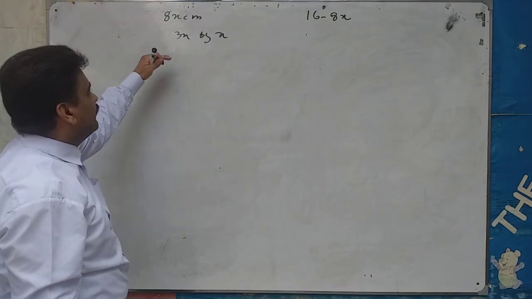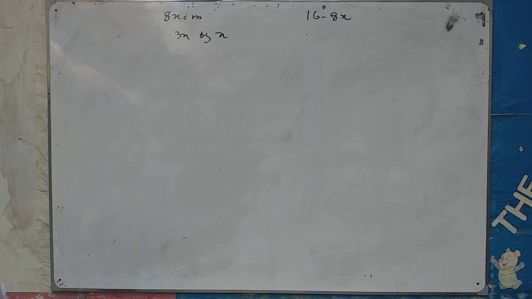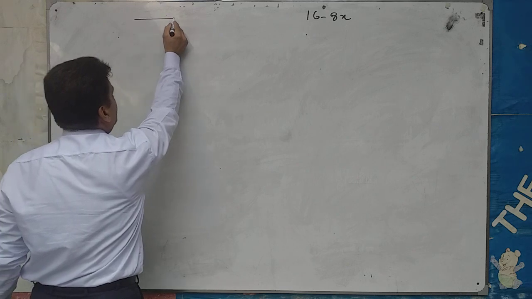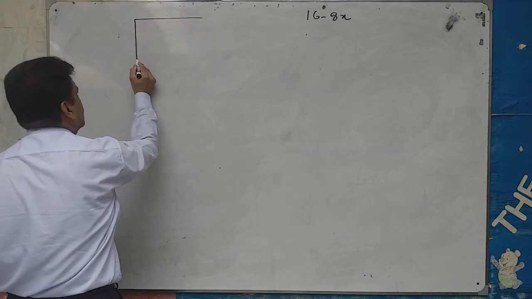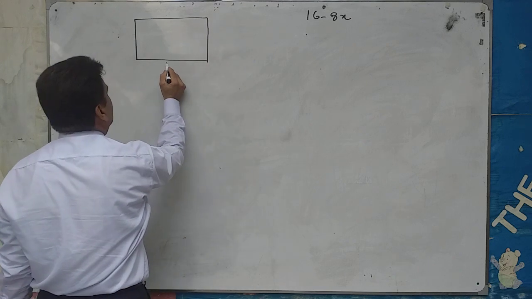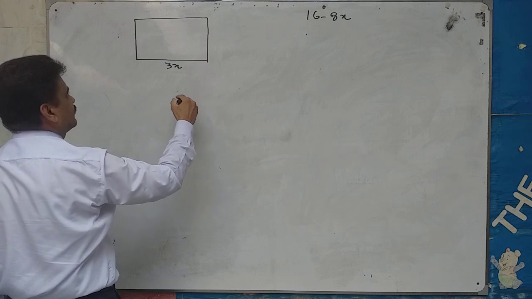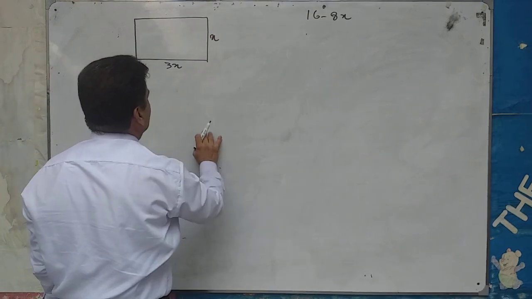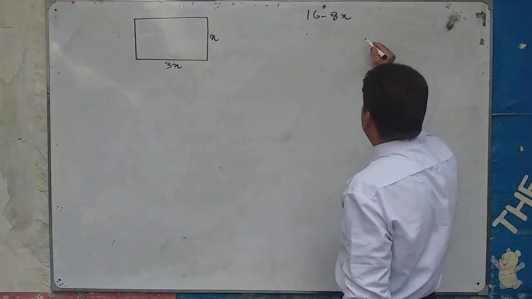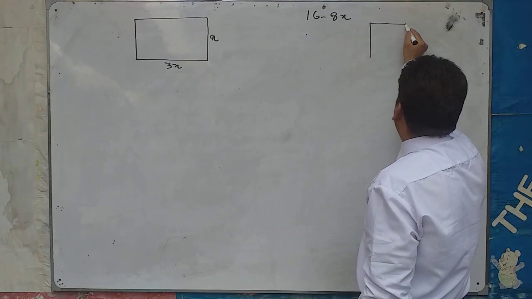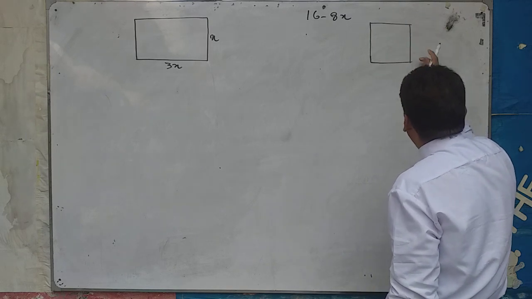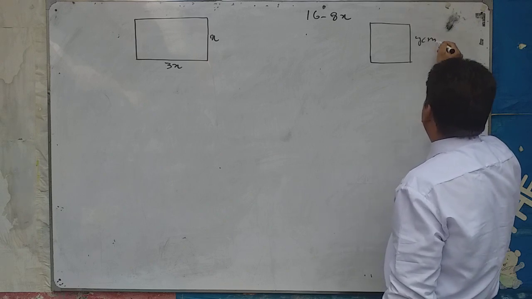First we draw the figure of the rectangle having length 3x by x. It is a rectangle formed by one piece of wire. Its length is 3x, while its width is x, and with the other piece of wire we want to make a square having one side y centimeter.